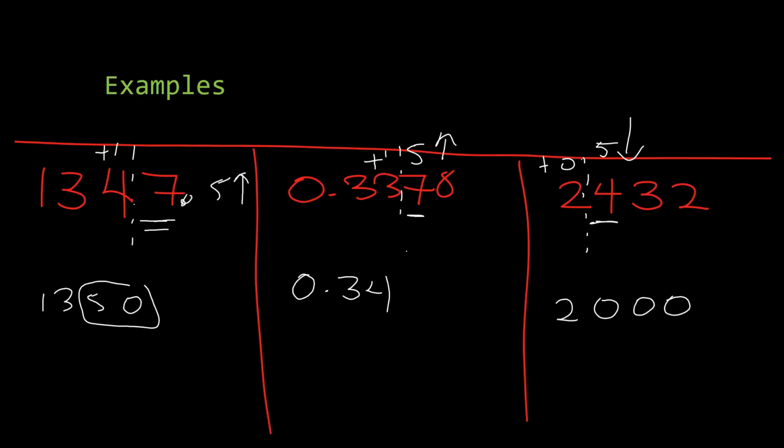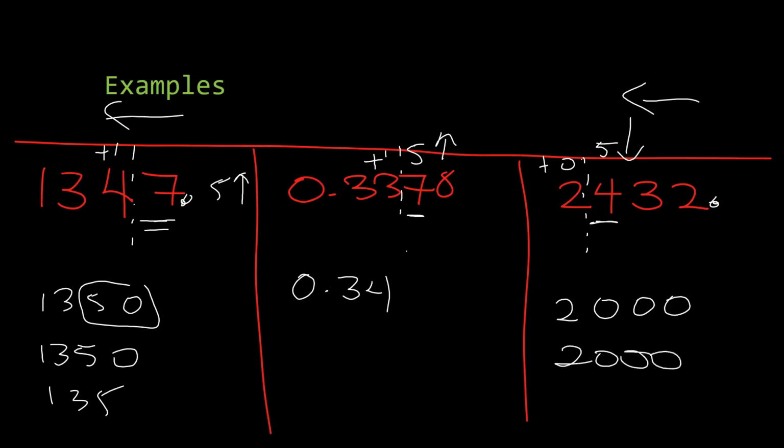And notice the decimal point here. Each number that comes to the left of the decimal point has zeros added onto it. Notice that this is 135 with a 0 instead of just simply 135. Notice that the answer down at the end is 2 with 3 zeros after it instead of just being 2.